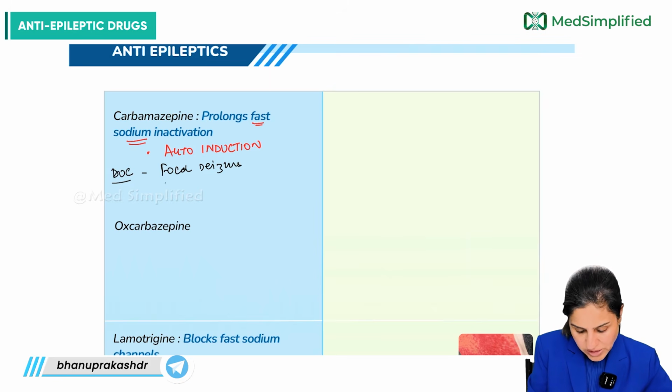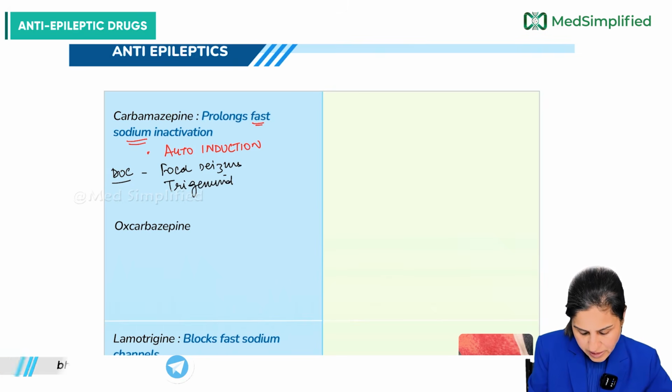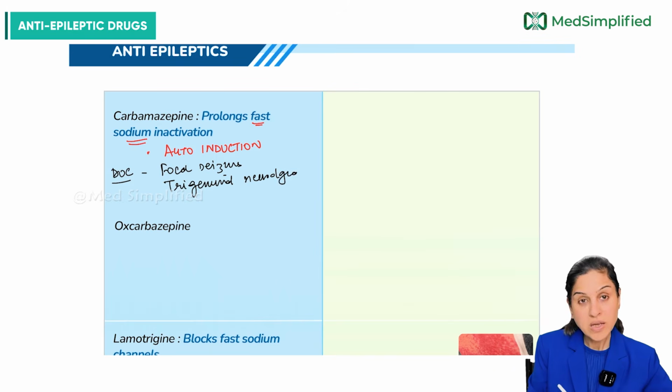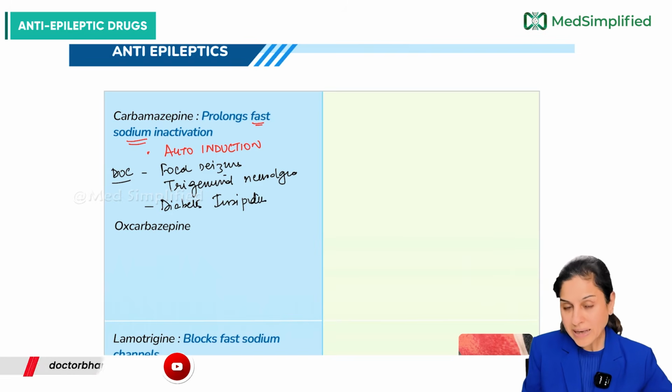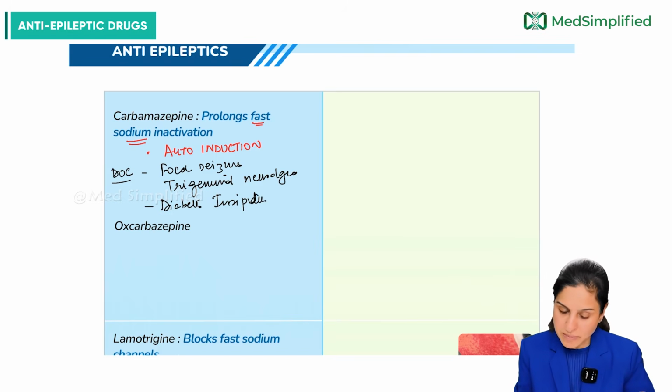It is also the drug of choice in trigeminal neuralgia, and it is also used in diabetes insipidus.